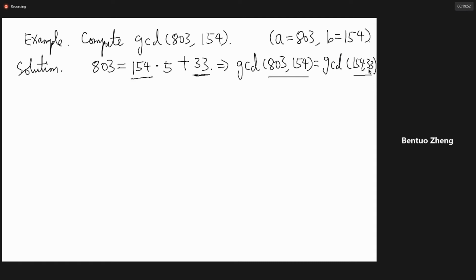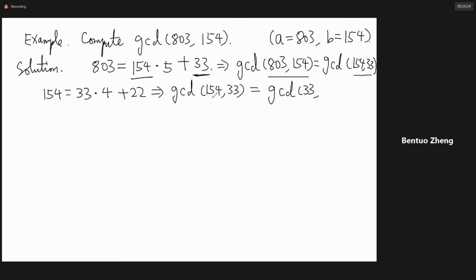So you are going to write 154 equal to 33 times 4 plus 22. So, by the lemma, the greatest common divisor of 154 and 33 is equal to the greatest common divisor of 33 and 22. We replace the larger number 154 by the remainder, which is 22.